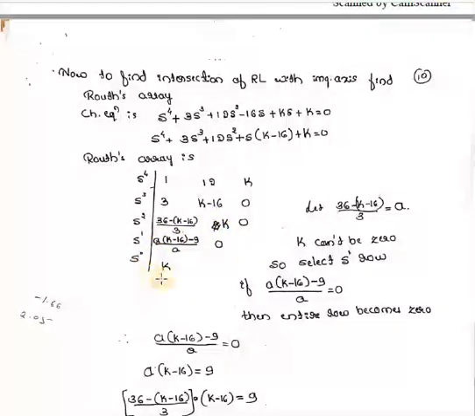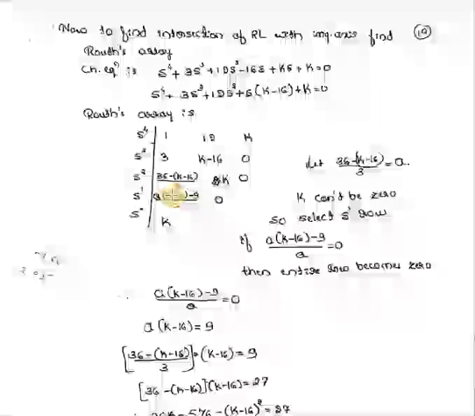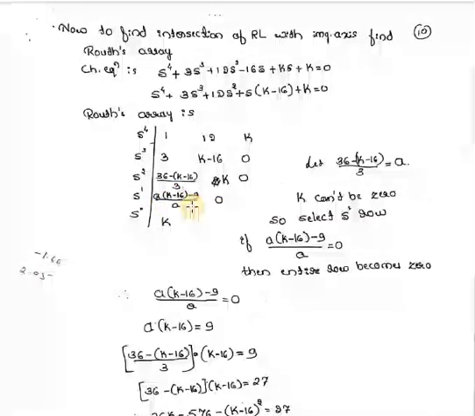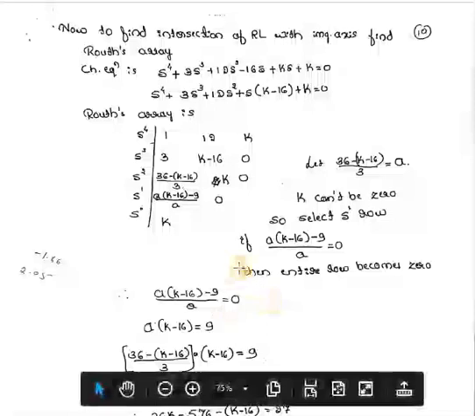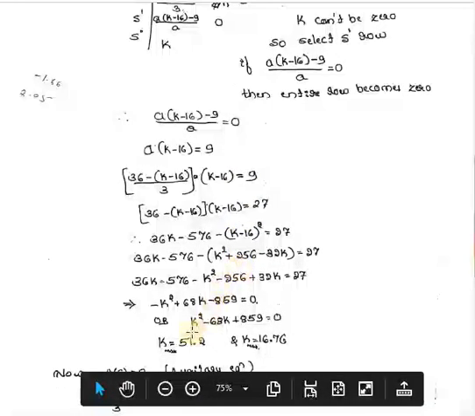Similarly, construct this Routh array. So here k cannot be 0, so I have to equate this term to 0. If you equate this term to 0, the entire row will become 0. Substituting that, we will get the k value as 51.2 and 16.76, because here you are having two terms, because it contains the numerator terms, that is zeros and poles.